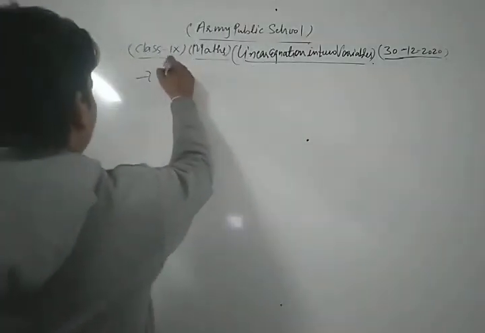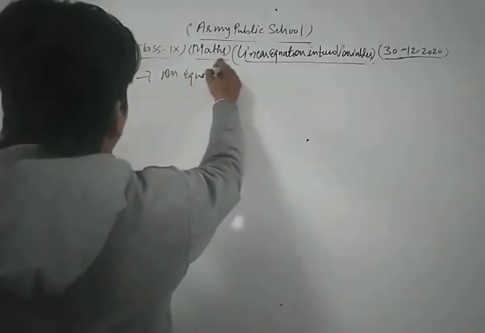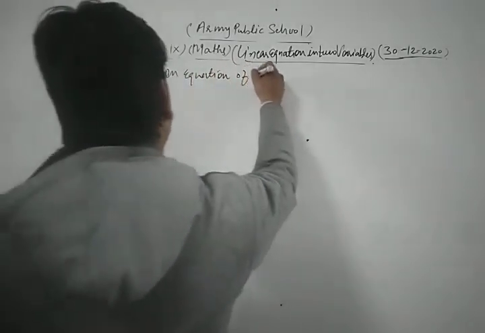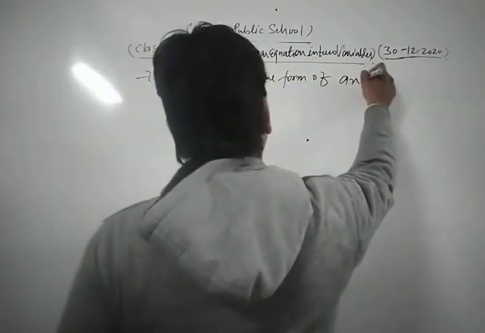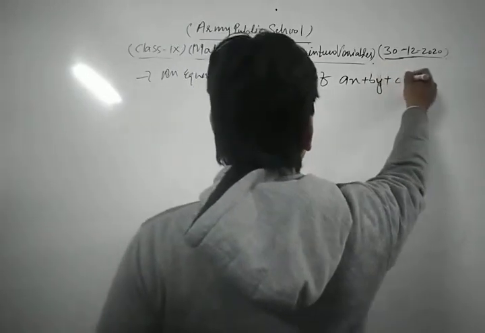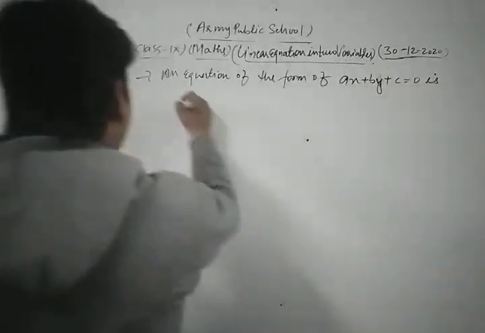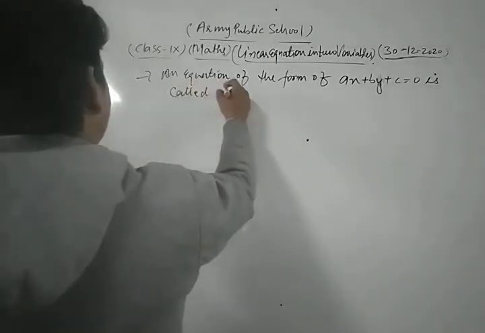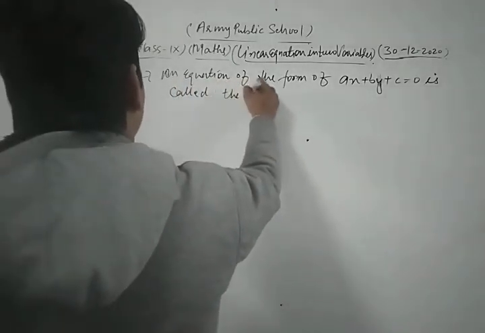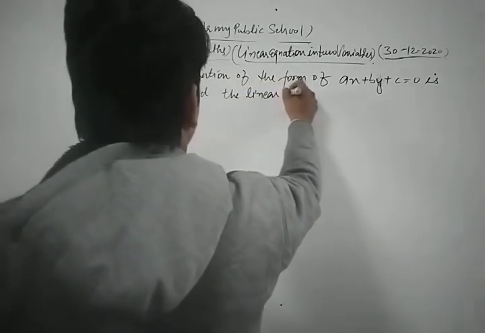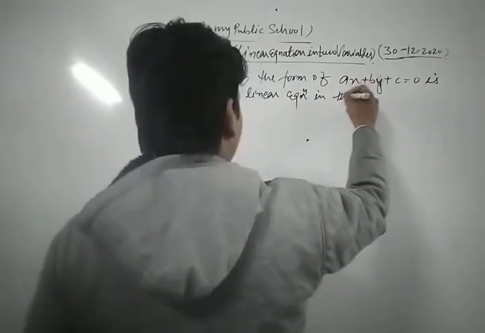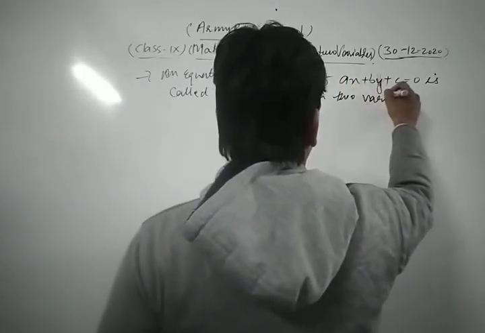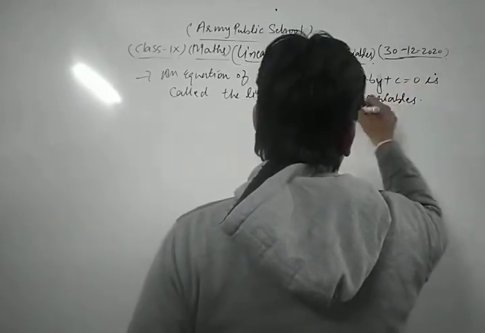Dear students, an equation of the form ax plus by plus c is equal to 0 is called a linear equation in two variables.